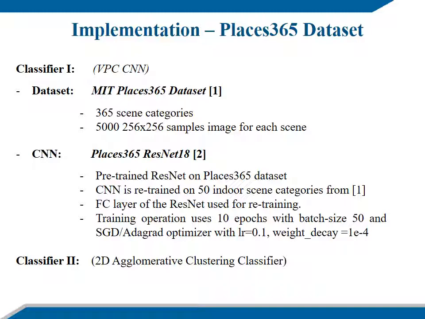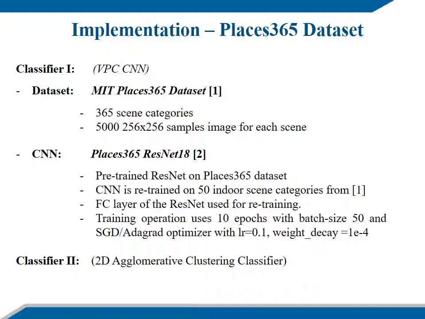From these CNNs, we have chosen the ResNet 18 CNN for the purpose of implementing a two-tier classifier. For training the CNN, we have retrained the last fully connected layer of this ResNet using the 50 indoor scene categories for the purpose of VPC.